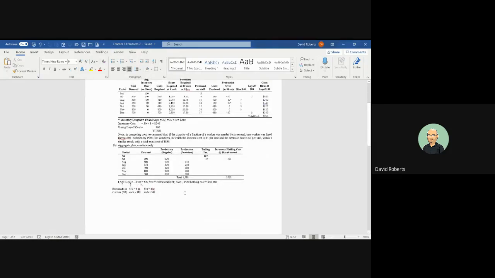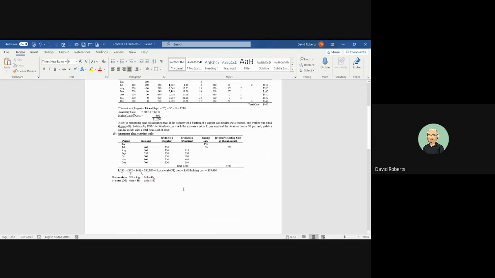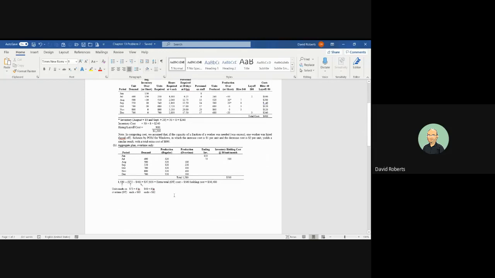Now, in part B, we're going to have overtime. So in this particular case, we're going to have a constant workforce, and we will have level production. So in this case, we're going to keep the workforce at a level of producing 1,300 units per month, and then you're going to have overtime for the rest.